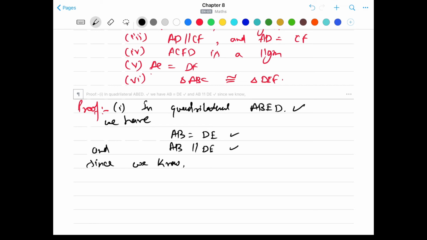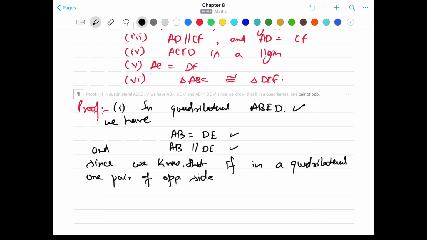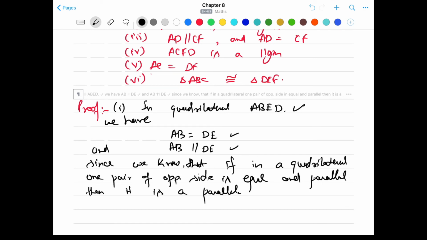So we write, since we know that if in a quadrilateral one pair of opposite sides is equal and parallel, then it is a parallelogram.